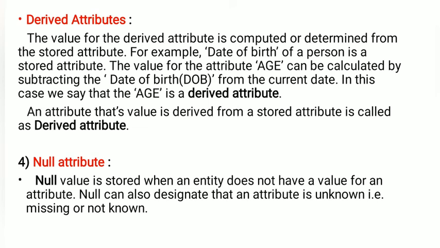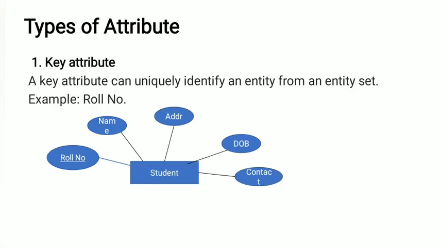First one is roll number, second one name, address, date of birth and contact number. Roll number is a key attribute that can uniquely identify each record of a student. Key attribute here is the roll number that can uniquely identify an entity from an entity set.